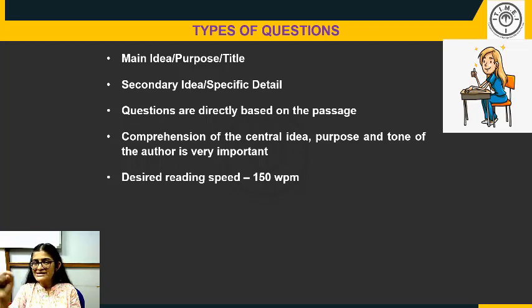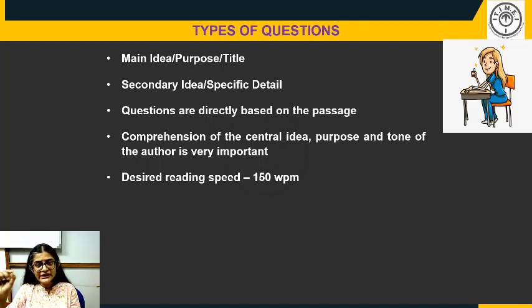So for these questions, like I said, if you have an excellent memory, you may be able to remember what is written in the passage. However, very often the options may be slightly confusing, and it is advisable that you go back to the passage and just check. So while reading the passage, anyway the passage is only 200 to 250 words long, not a very lengthy passage.